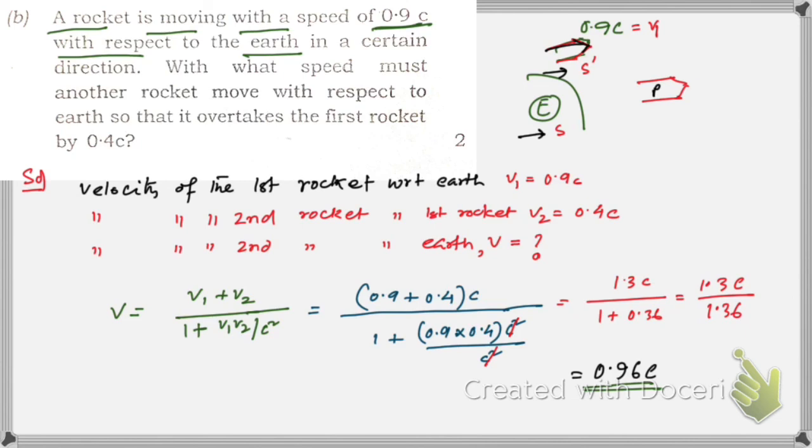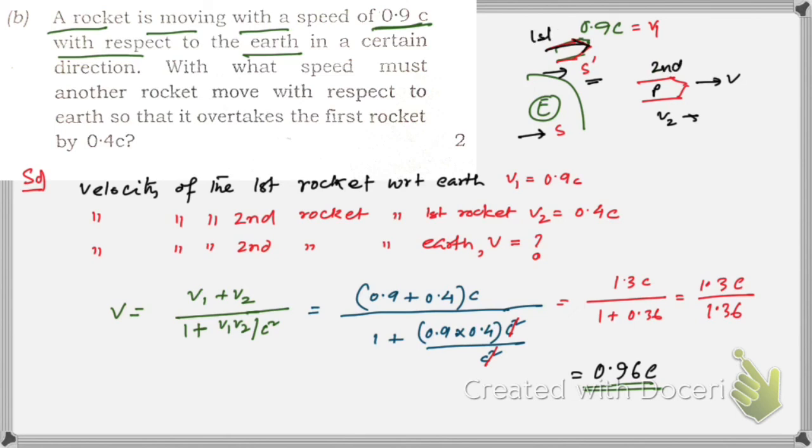The velocity of this particle with respect to S dash is v2. So you can replace u dash by v2. This is the second rocket and this is the first rocket, right?